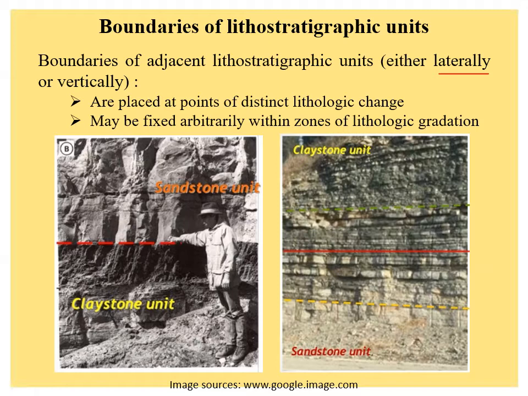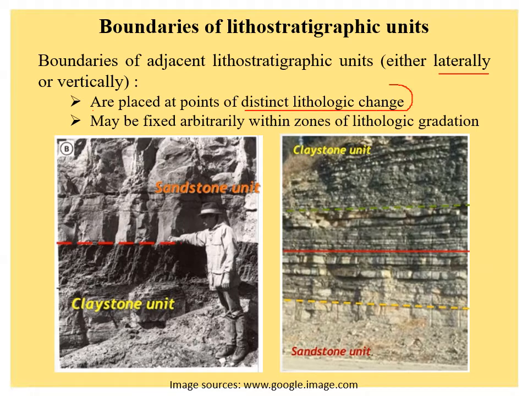Two probable ways are there by which we can plot the boundaries or separate one litho unit from the other litho unit. The first is where a distinct lithological change is observed.